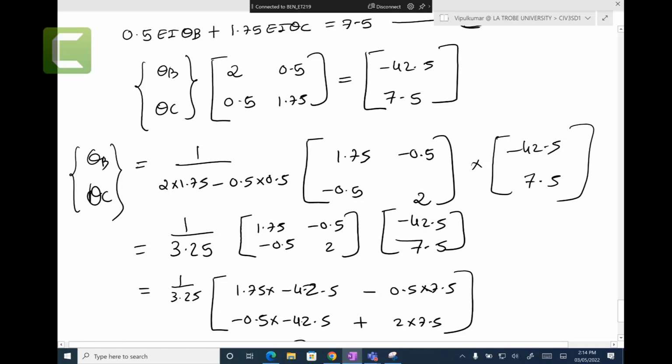Then you keep this as it is, and then you go across and down: 1.75 times this one plus this times this. Across, down. Do you understand? I remember that. Wait a moment, I'm still thinking. After this one, I have some answers.